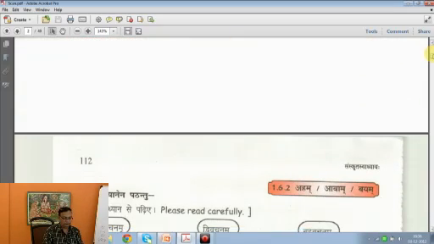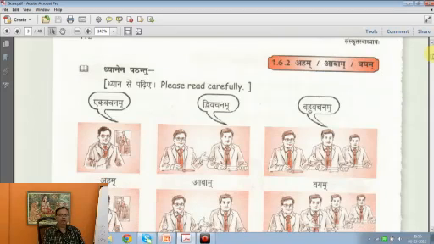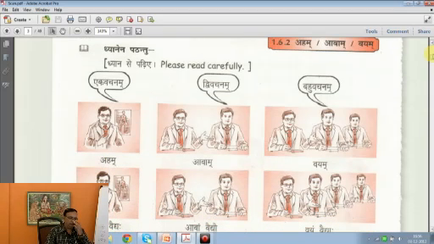Next page. Then you are introduced to, like in all other pronouns, three numbers. So here also the number will be completed. Aham, avam and vayam. Now you are going to be introduced to the dual number and plural number of aham and tvam.